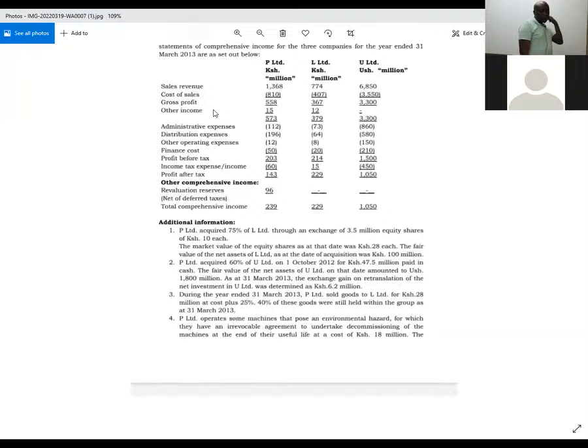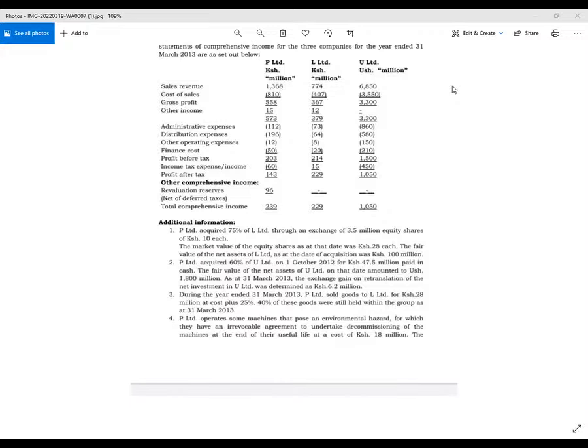So we are told here, additional information: P Limited acquired 75% of L Limited through a share exchange of 3.5 million equity shares of Kenya shillings 10 each. The market value of the equity shares as at that date was Kenya shillings 28 each.